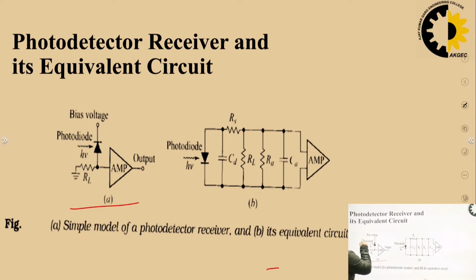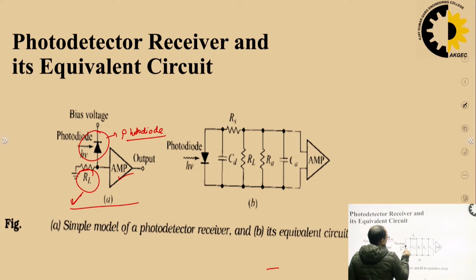The first element of the receiver is the photodiode, and after this the photodiode is connected to the amplifier, and between the amplifier and the photodiode there will be a load resistor. Clear?